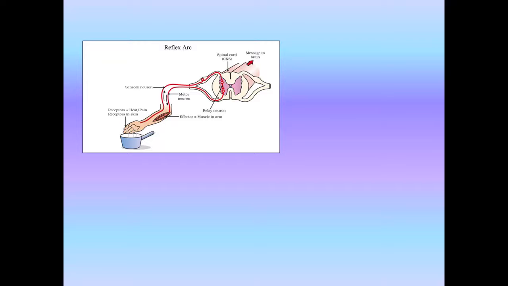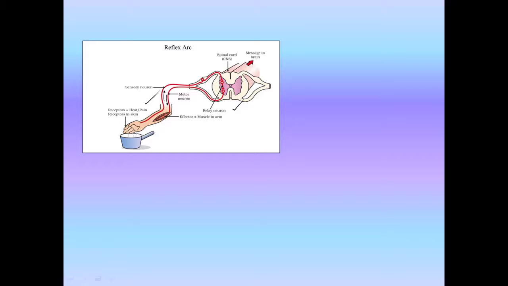So what happens in the reflex arc? When the receptor receives a message by heat or pain, it moves through the sensory neuron and goes to the spinal cord present in the CNS, that is the central nervous system. From there the relay neuron helps it move to the motor neuron and finally to the effector, and the effector gives the message to the muscles in the arms, and then we act accordingly.